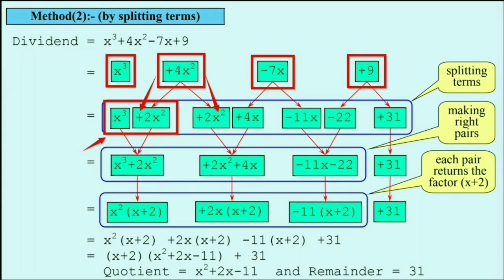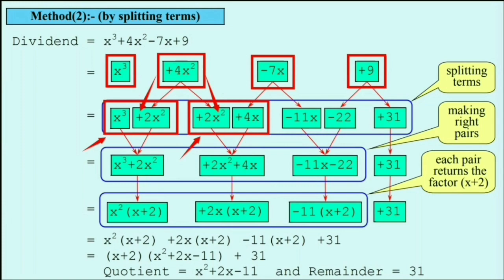Now we try to make the second pair as we did the first one. For the second pair, we need a partner for plus 2x square such that this pair too returns the same factor x plus 2, and we find that the pair needs a partner plus 4x, and this plus 4x is obtained by splitting minus 7x.